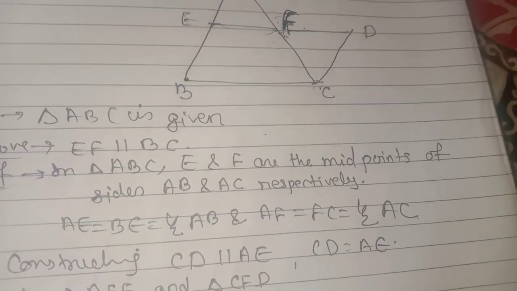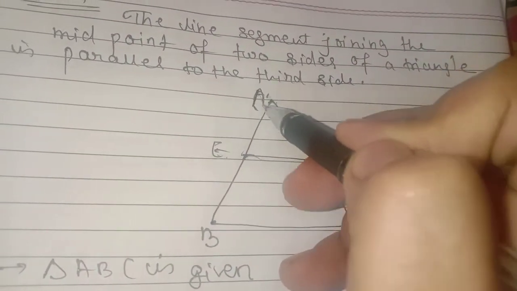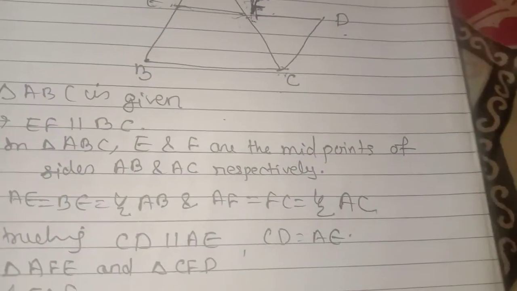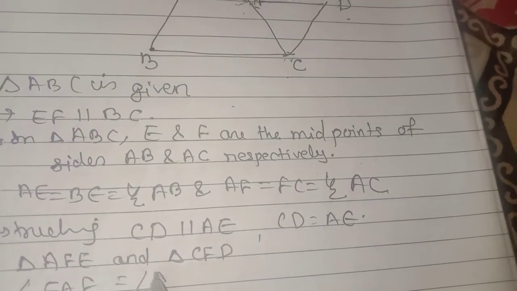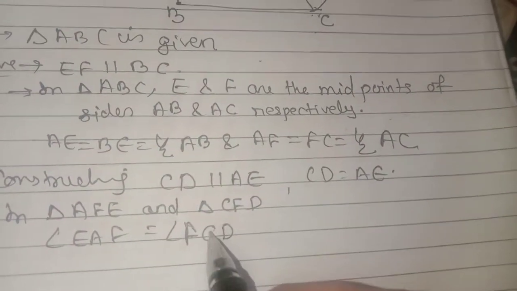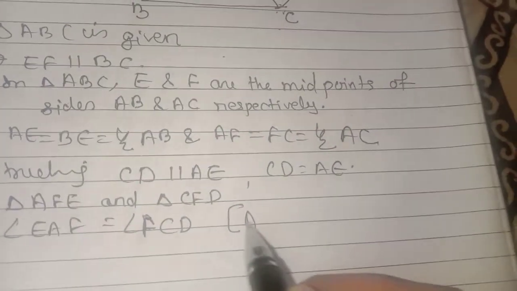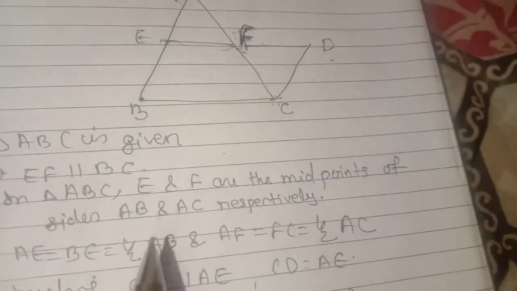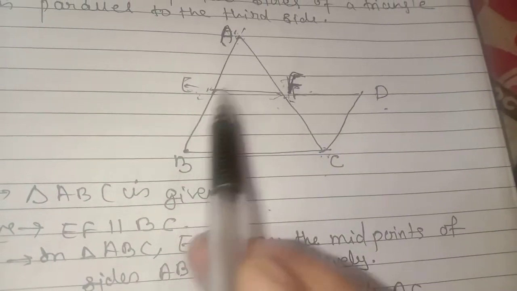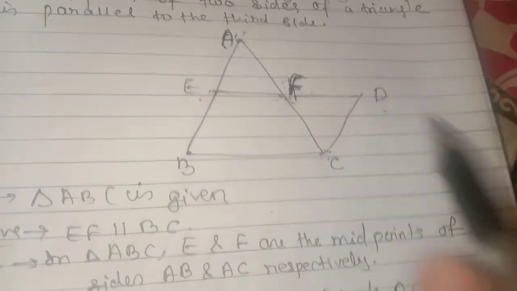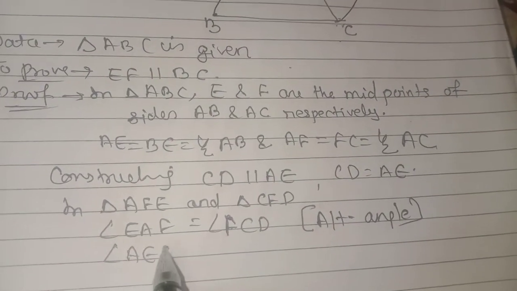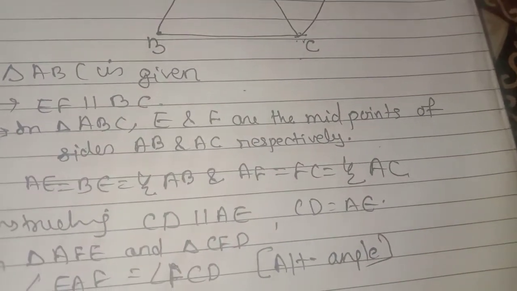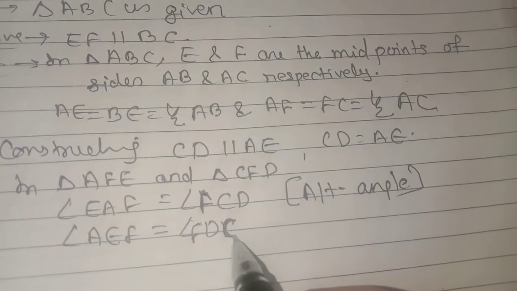Okay, we can write here angle EAF. See here properly, it is A. So we have angle EAF is equal to angle FCD. What is the reason? The reason is alternate angle. Same way we can write angle AEF is equal to angle FDC.